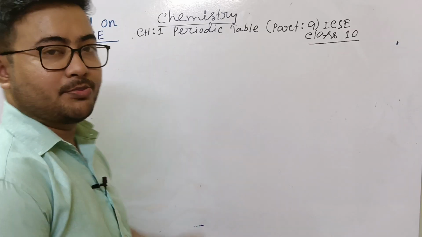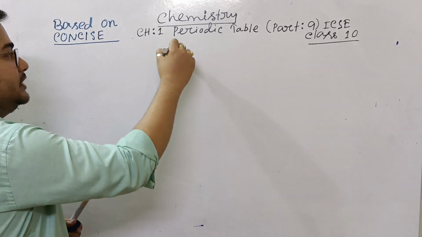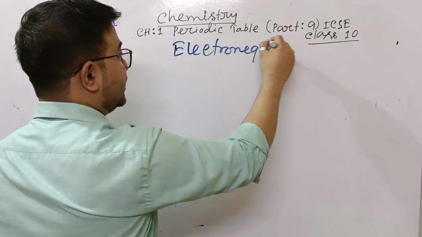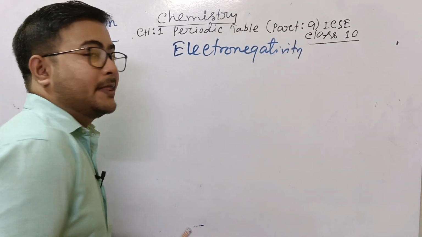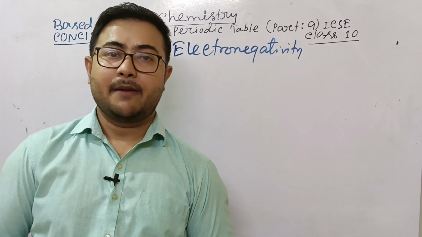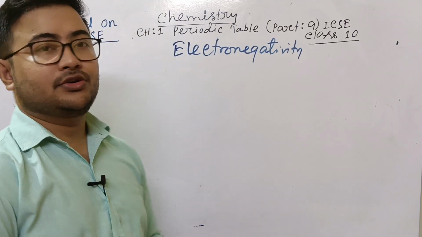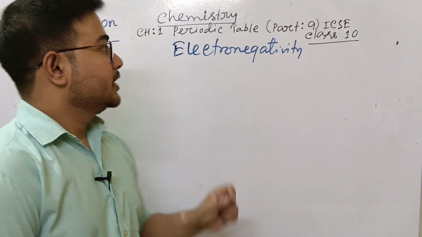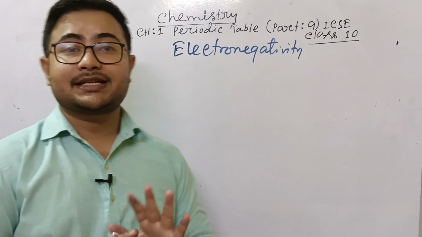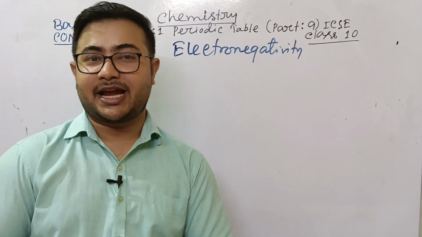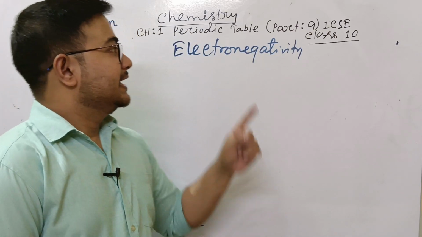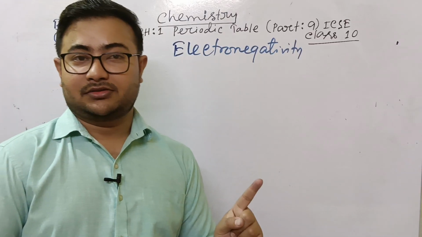Our today's topic is electronegativity. Today we have two of the most difficult concepts, but after watching this video you can complete this topic with crystal clear concept, in such a way that you can even discuss this topic with anyone.